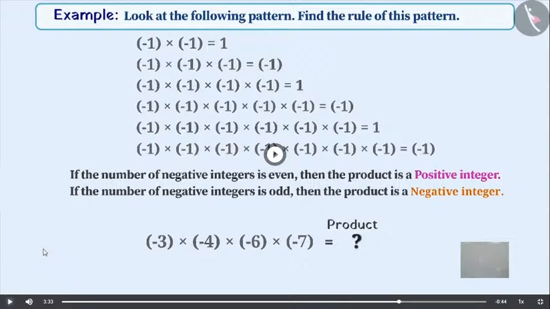Okay, just please tell me the sign of this last product. -3 multiplied by -4 multiplied by -6 multiplied by -7. Is it positive or negative? Even or odd? Negative multiplied 4 times.